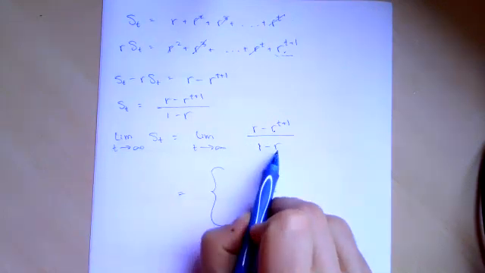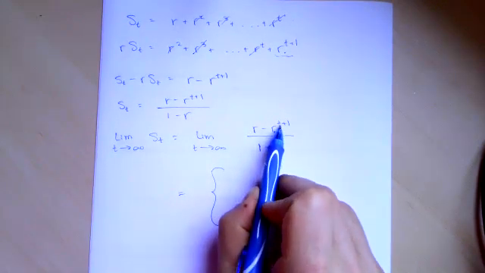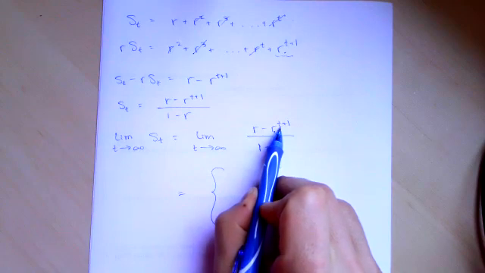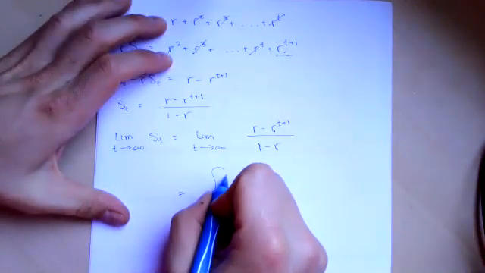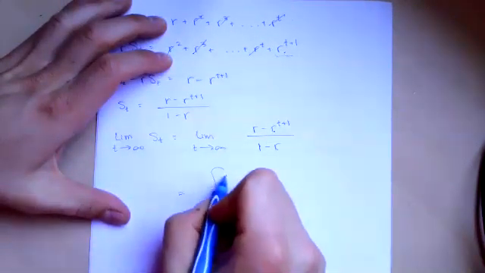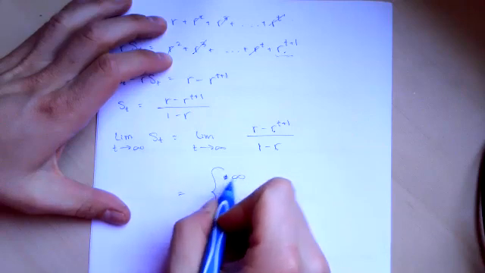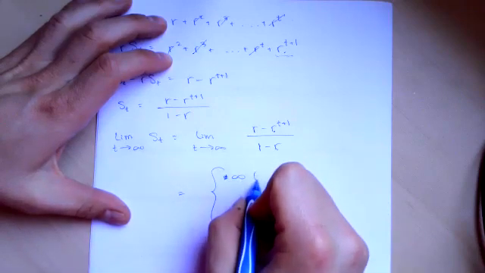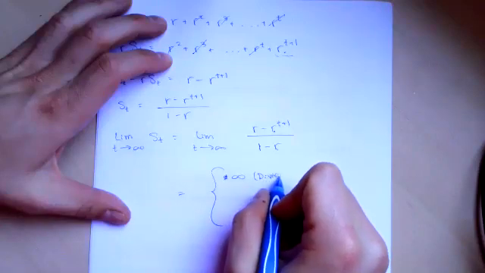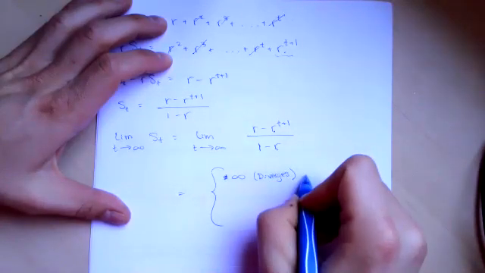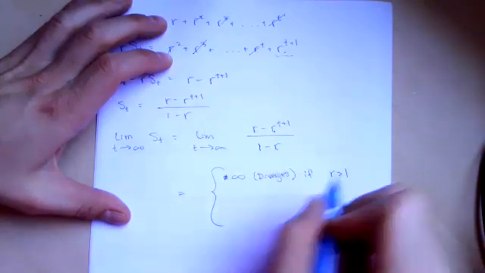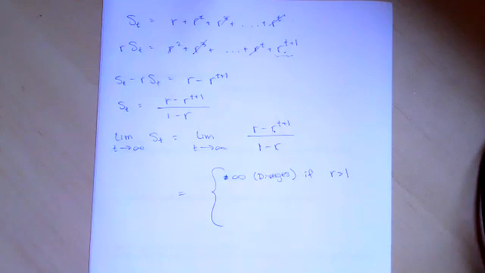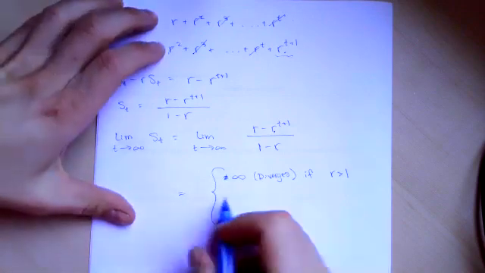This will be a constant, that's a constant. If r is bigger than 1, though, what's going to happen when t goes to infinity? We'll get a minus infinity in the numerator. So let's just mark it as an infinity. In other words, it'll diverge if r is bigger than 1.